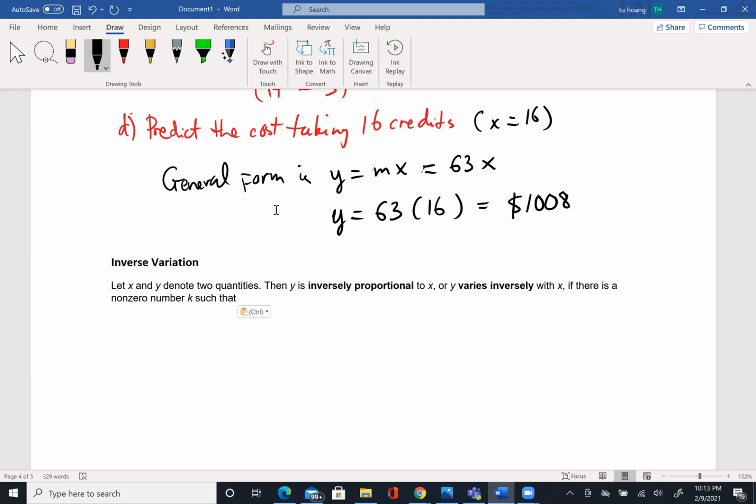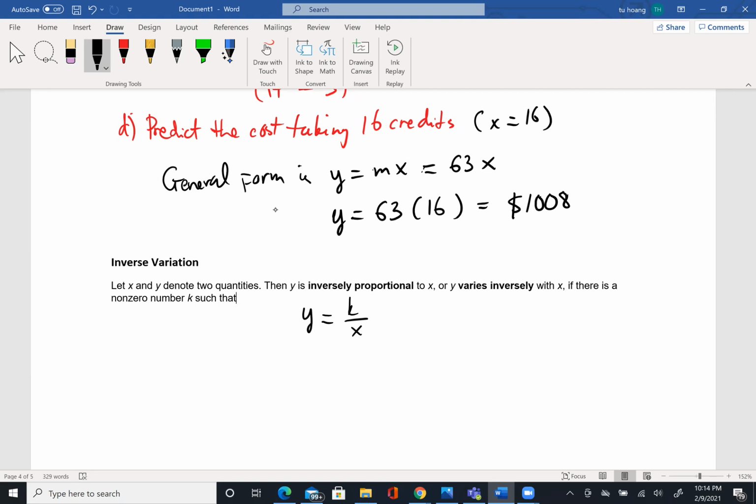Then y is inversely proportional to x, or y varies inversely with x, if there is a non-zero number k such that y equals k divided by x.